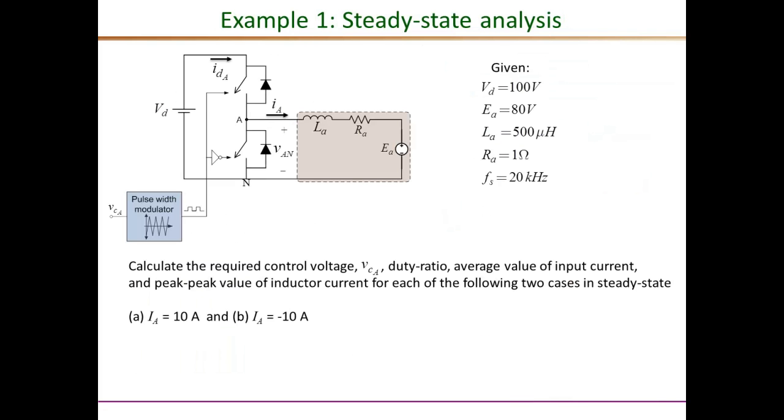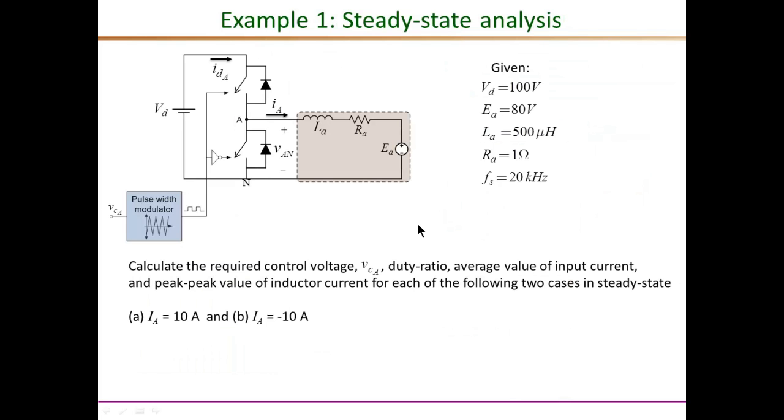Okay, let's do a simple example problem that involves a steady state analysis of a single pole power converter. The DC voltage is 100 volts, and this EA could represent the back EMF of a DC motor, or it could be another battery of 80 volts. The filter inductance is 500 microhenry with a series resistance of 1 ohm, and we are considering 20 kilohertz switching frequency.